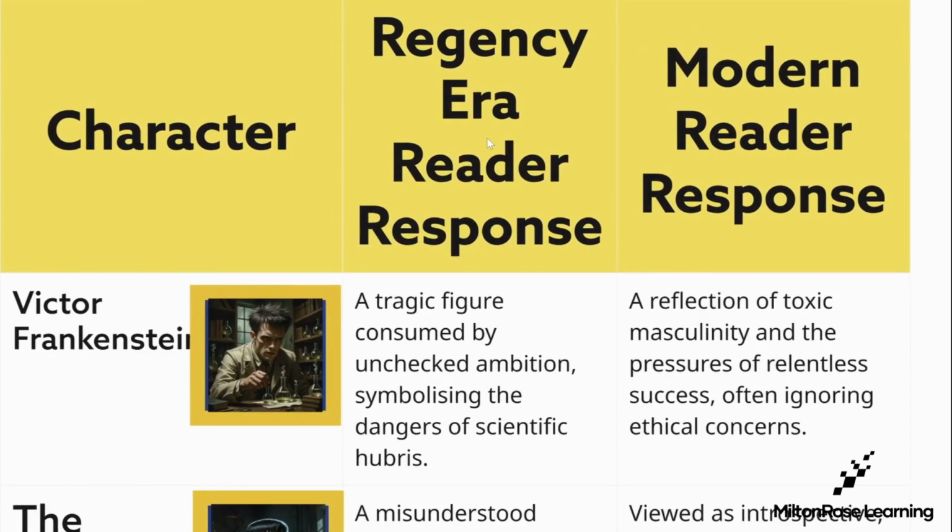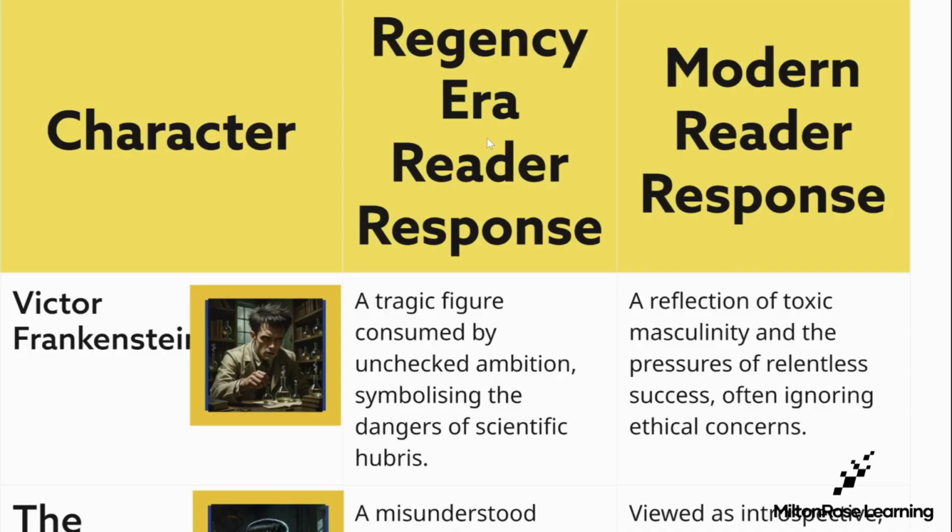A Regency era reader 200 years ago would see Victor Frankenstein as a tragic figure consumed by unchecked ambition and symbolising the dangers of scientific hubris, arrogance, thinking that you can play God. So they would have really not liked that because they were Christian in that period, obviously.